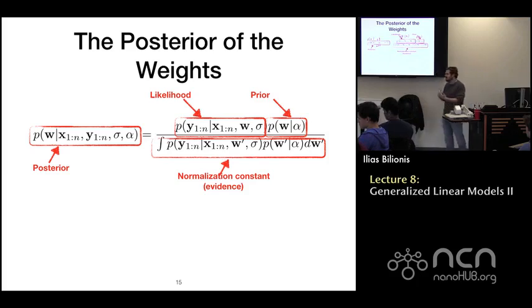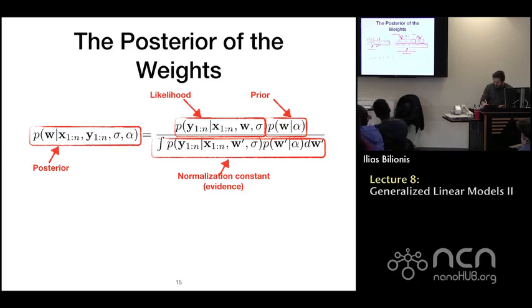That's what you're getting. So you're going to get something proportional to likelihood times prior. We're going to put this as an exercise, okay? But you are going to have to internalize this, which is one way to write the product rule, okay?